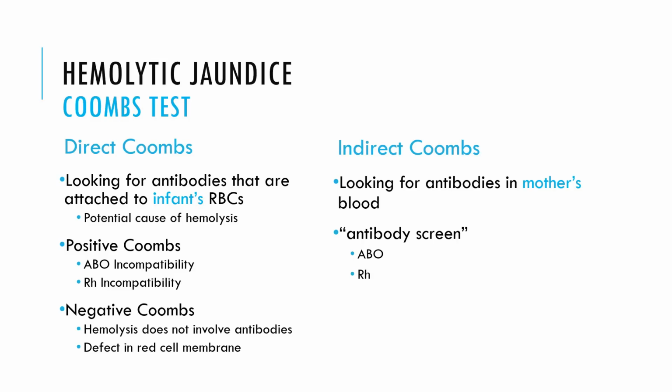If you have an ABO setup where the mom's O, let's say, and the baby's A or B or AB, then you will more than likely have a jaundice infant because she is going to have antibodies against A and B if she's O. Especially if the Coombs is positive, your direct Coombs for the baby, or you have a positive antibody test, then you assume you're going to have a jaundice infant to deal with at some point.